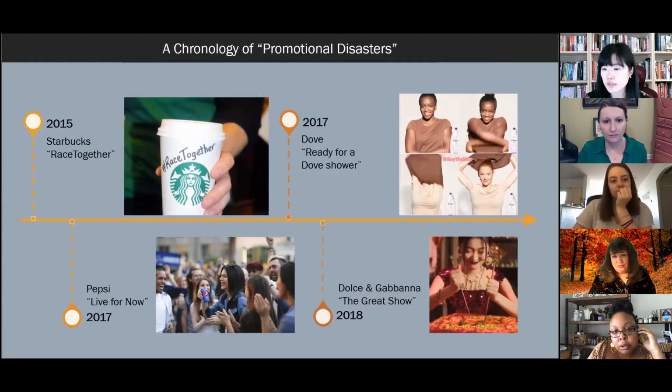And then in 2018, we saw Dolce & Gabbana in their effort to win the hearts of Chinese consumers. They used a Chinese model to eat Italian food with chopsticks, which looks ridiculous. And I think until this day, Chinese consumers are still boycotting Dolce & Gabbana.